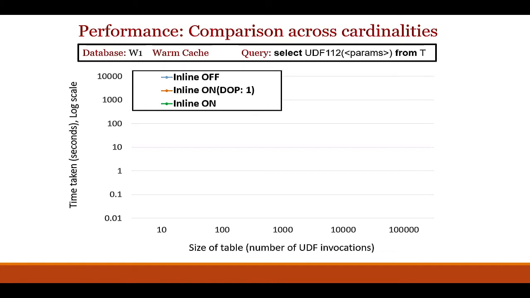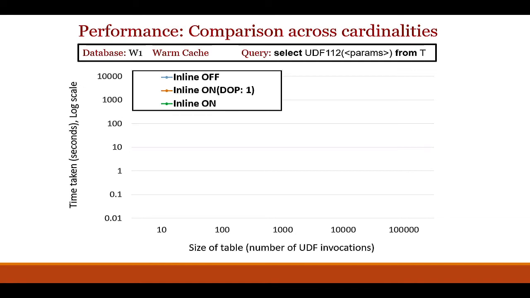We have a query like this: select some UDF with parameters from table T, and we change the size of the table T. The size of the table determines how many times the UDF gets called in this query. If this table has 10 rows, you will call this function 10 times. So we want to see how the improvements change as the cardinality changes.